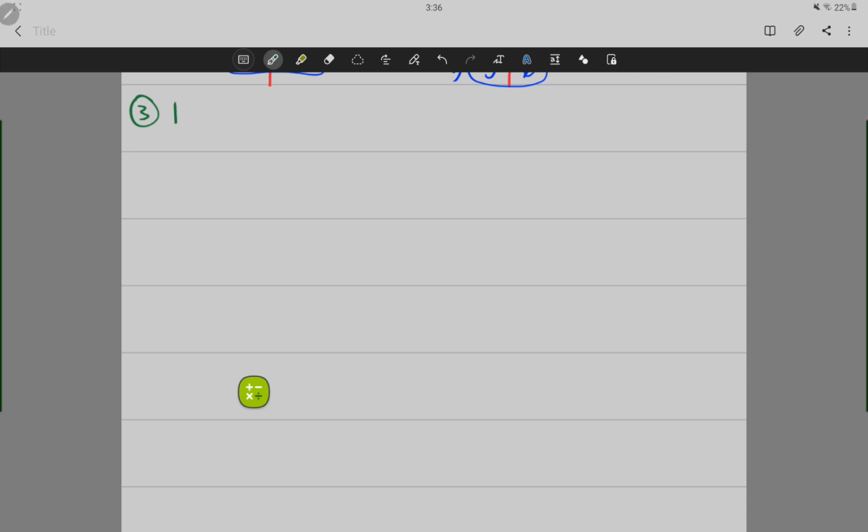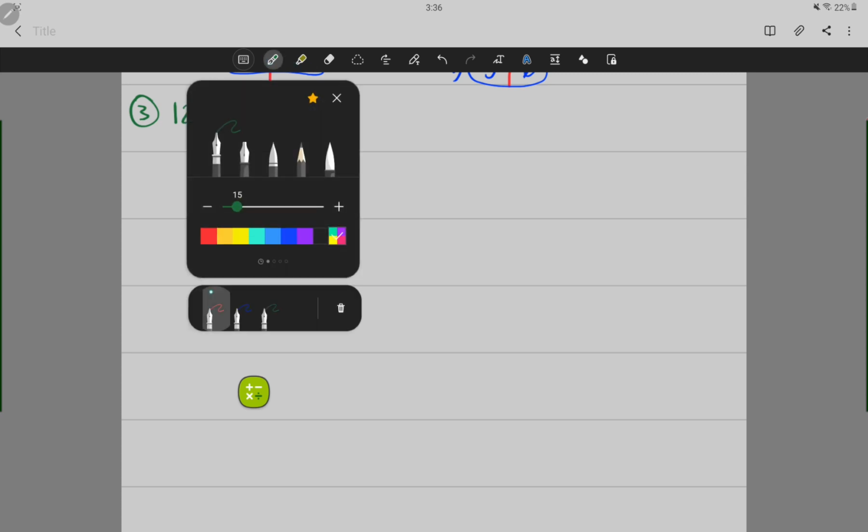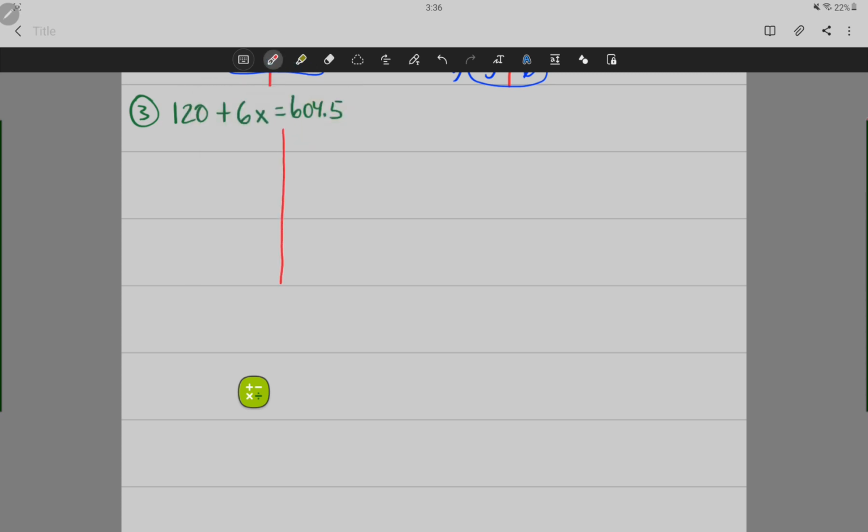So for the amount of weight, but let's put x, which means equals, was 604.5 pounds. All right, so we set up our equation, time to solve.